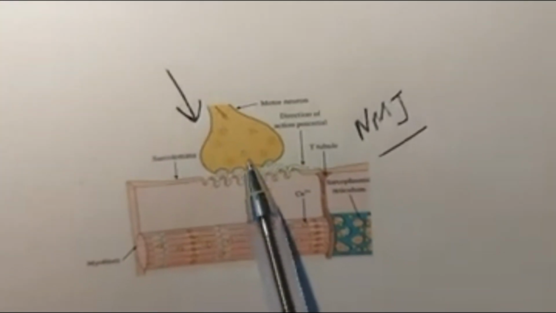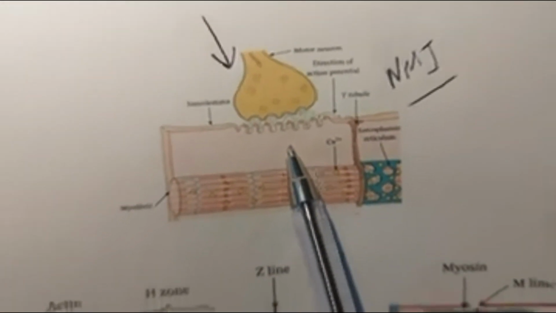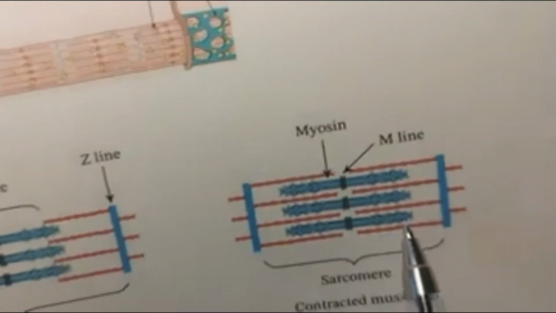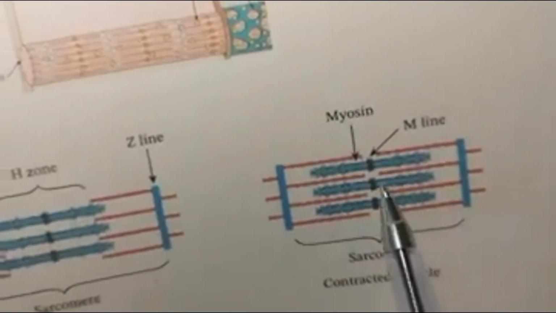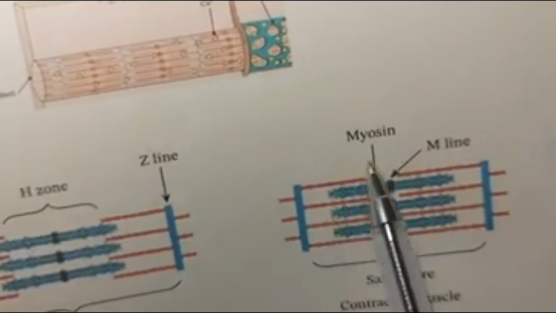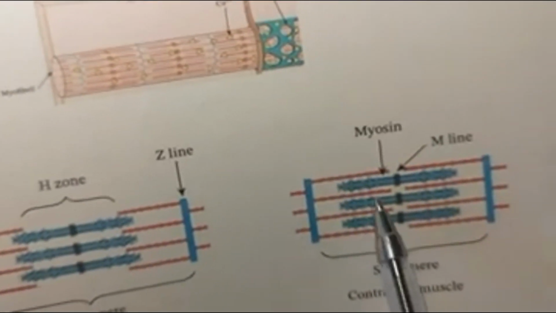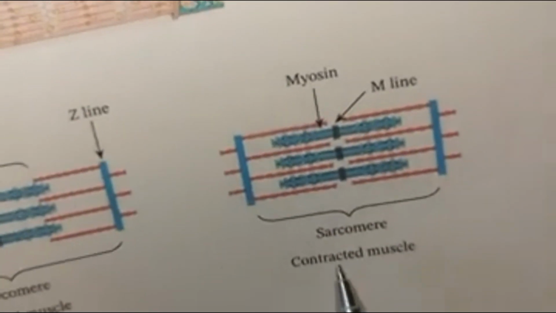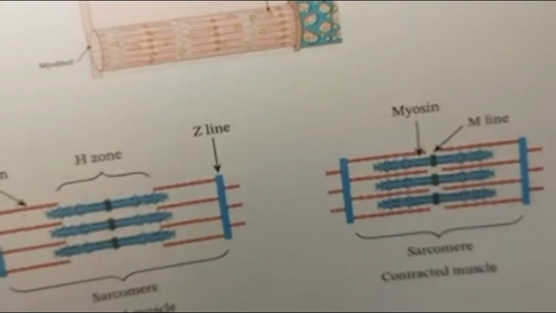When the electrical impulse arrives at the neuromuscular junction, it transmits information to the muscle, and then there is a change in the protein structure. They change shape and they change arrangement. This change in shape and arrangement of these special proteins in the muscle contracts the muscle, so there is a contraction of the muscle fiber.